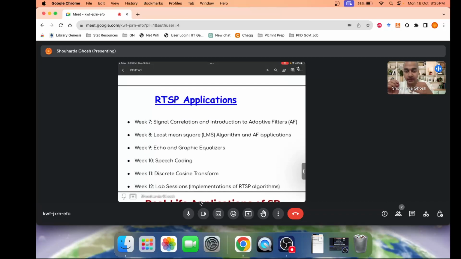And finally, we have the third module, which is the real-time signal processing applications. In week 7 we had a discussion on what signal correlation is.